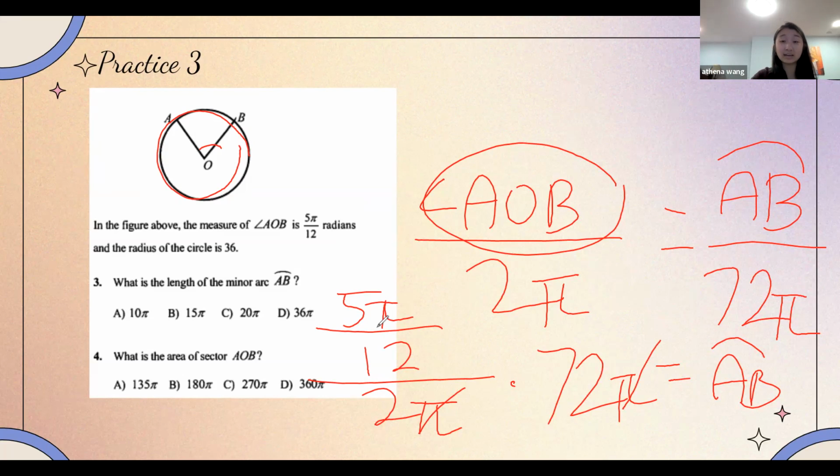We also see that 72 divided by 2 is 36. So we can cancel out the 72 to make it a 36, and cancel out the 2. Then 36 divided by 12 is 3, so we cancel out the 12 in the denominator. Now we have 5 pi times 3, which gets us 15 pi.